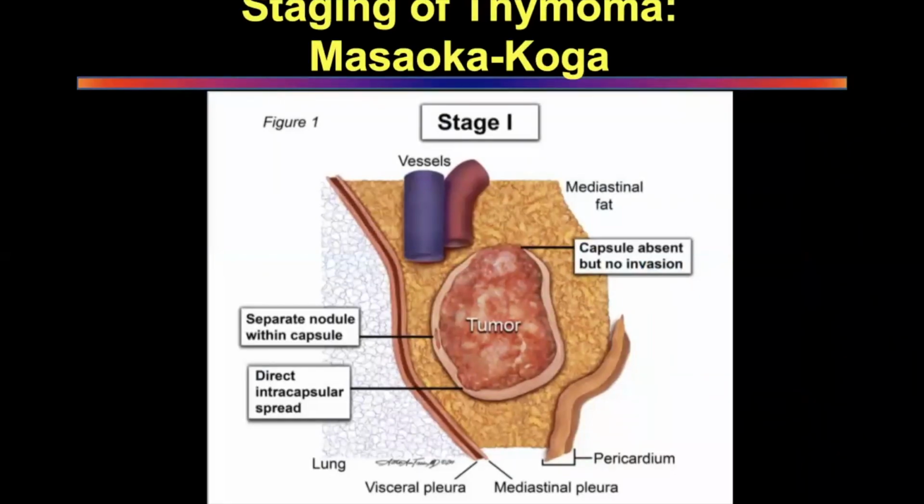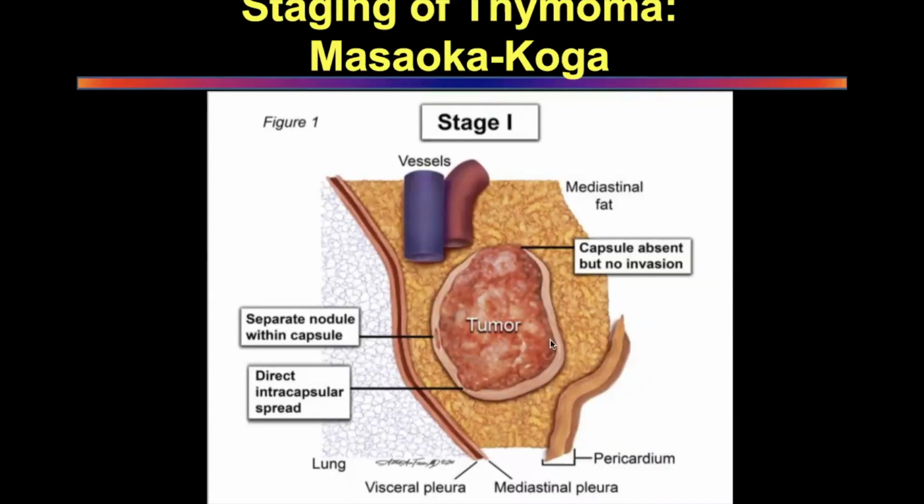Before we do that, we have to understand how you stage thymomas. The best way is to understand the pathological staging of thymomas. We all know there is stage 1, stage 2, stage 3, and stage 4. That's the basic concept you have to understand. Stage 1 is when there is a tumor which is well circumscribed.